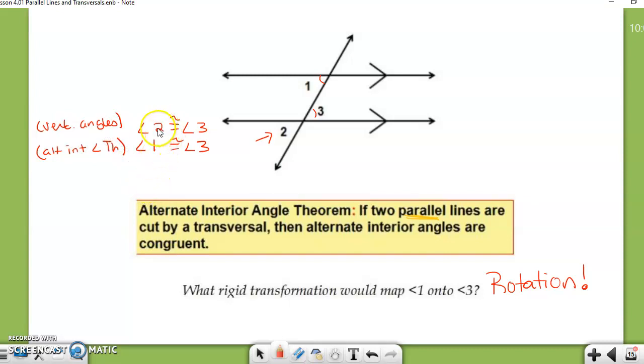What does that mean? I've got two different things congruent to the same thing. That means that angle 2 is also congruent to angle 1. And this is your transitive property of congruency. That's very important with these types of problems.